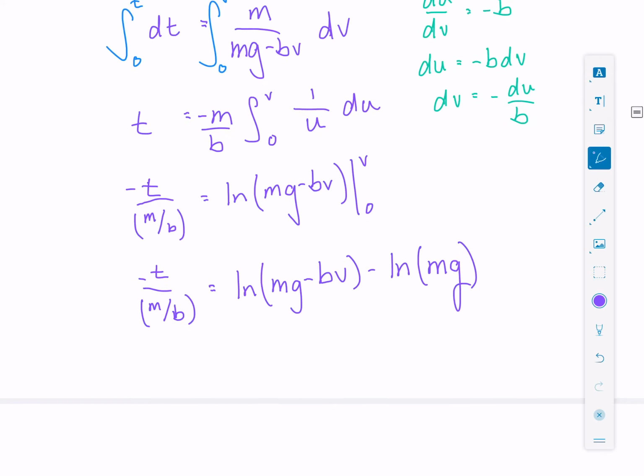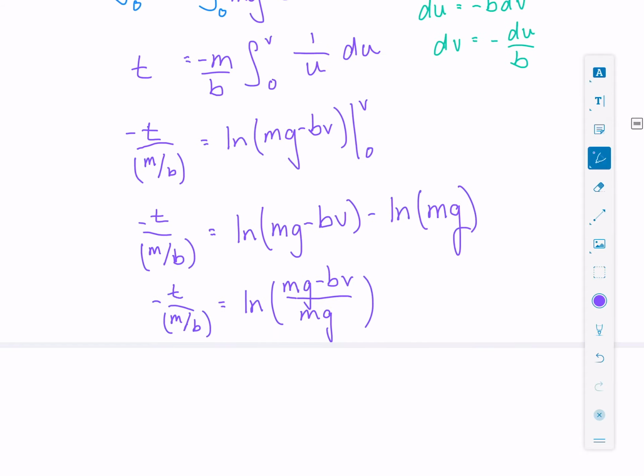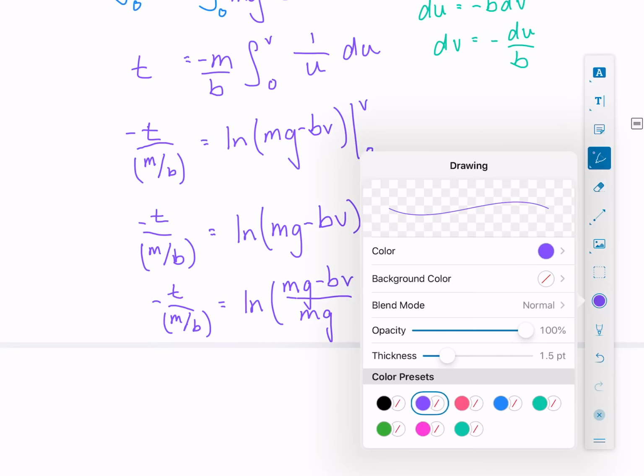We can use our natural log rules to clean this up a little bit. So we still have negative t over (m over b) equal to the natural log of (mg minus bv) over mg. Now hold on, we have to pause. Lots of crazy math. What am I trying to do again? We are trying to solve for v.